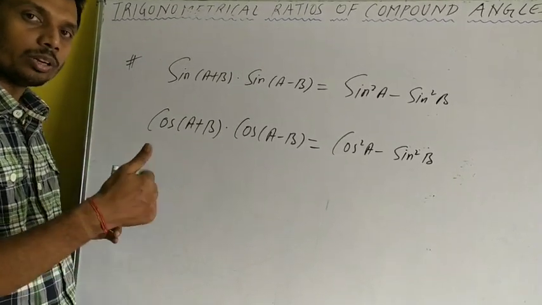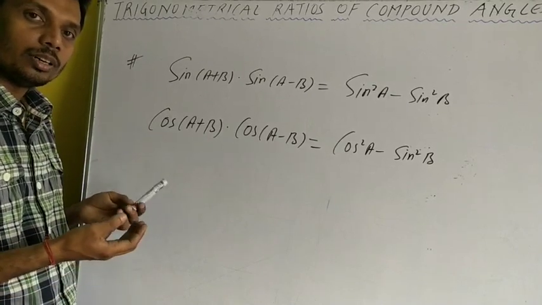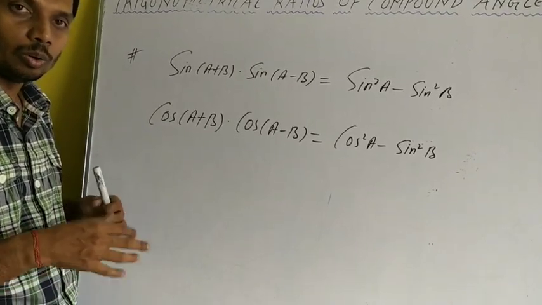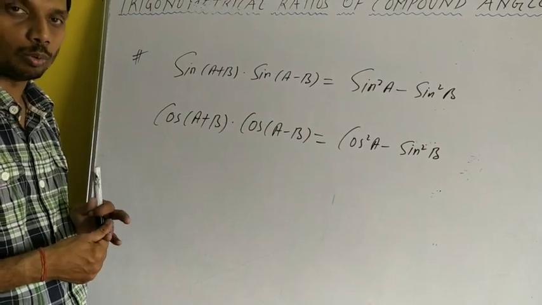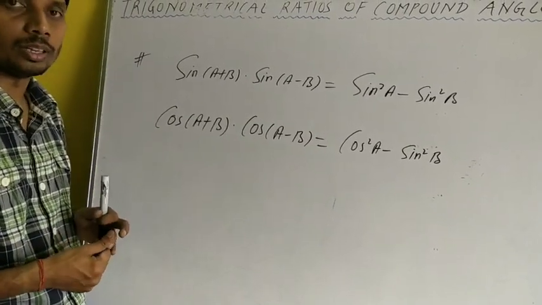So again you try to derive how sin 3A is equal to 3 sin A minus 4 sin cube A, and I hope that you will be able to find the result.